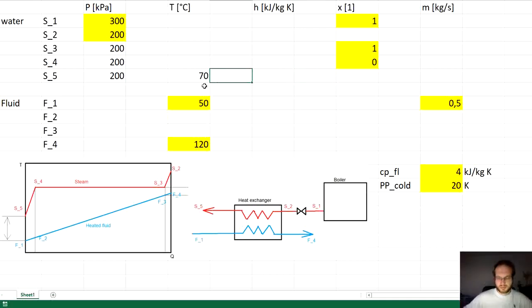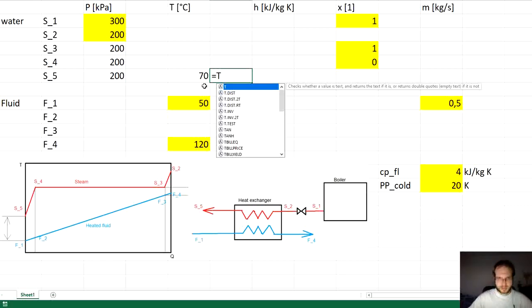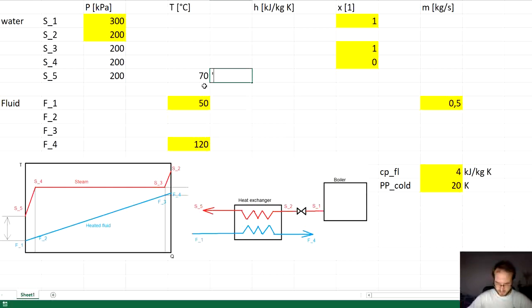First I can also mark here that this temperature at the point 5 is this temperature F1 plus the pinch point, so that you can get to that back later.